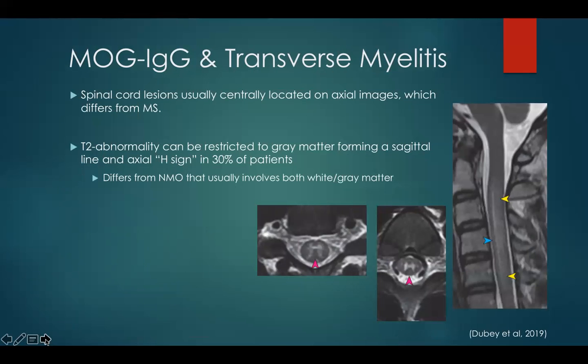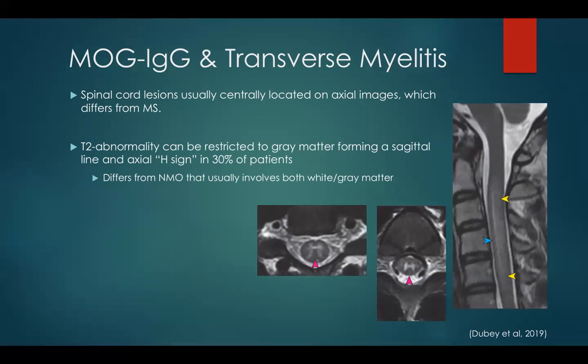Another interesting finding is something reported by the Mayo Clinic. On axial images, when a patient is presenting with anti-MOG myelitis, you can see something in the gray matter that takes the shape of an H, and this is called the H sign.